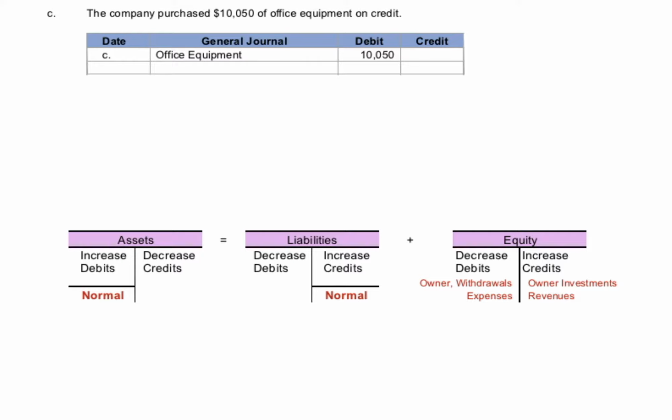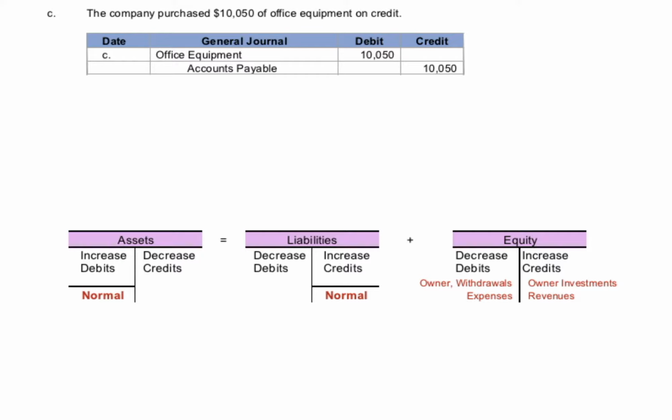On the other side, since it says on credit, we're not paying cash, and so on credit means it's going to be some type of liability, right? Liabilities typically have the word payable in them. The standard liability account that's kind of a catch-all that most companies use will be accounts payable for these kinds of generic transactions.